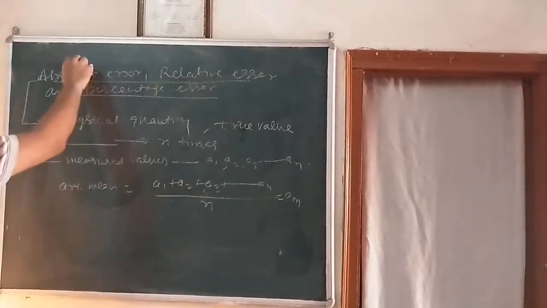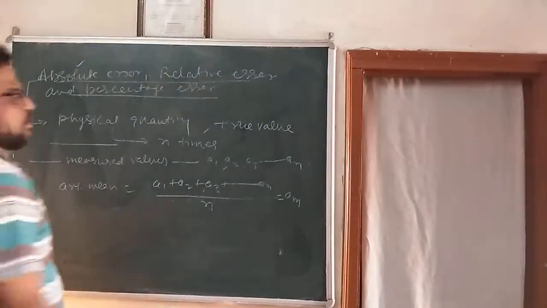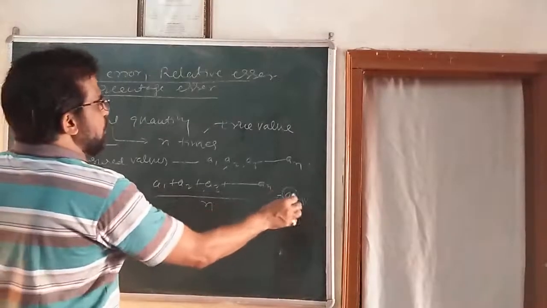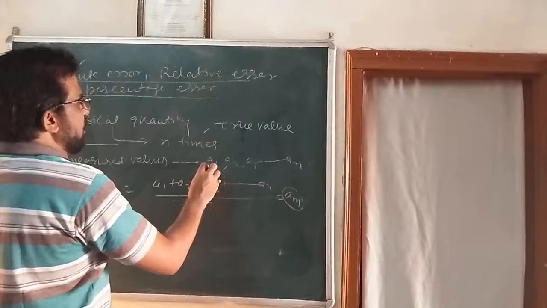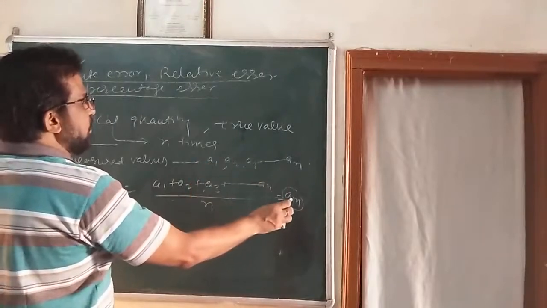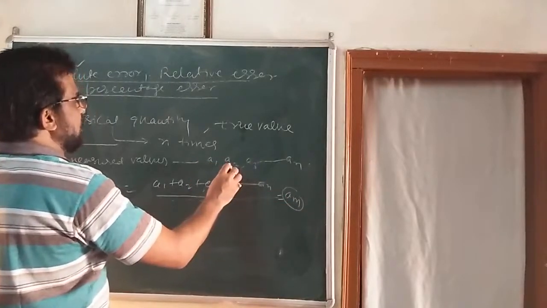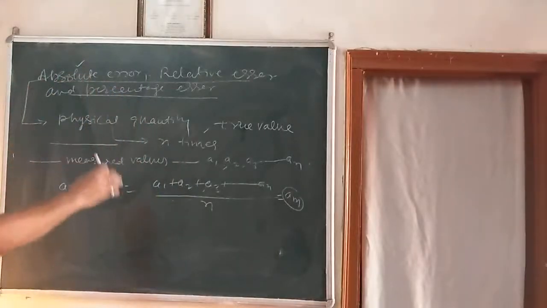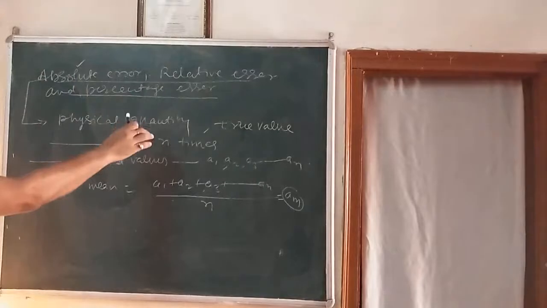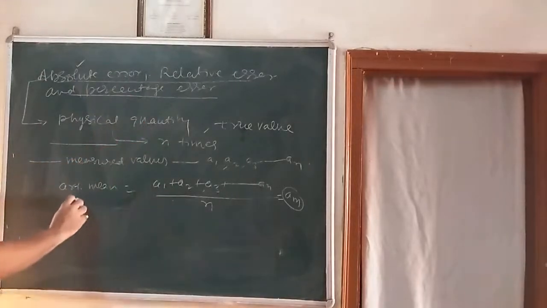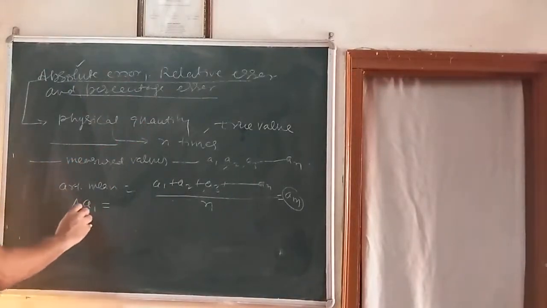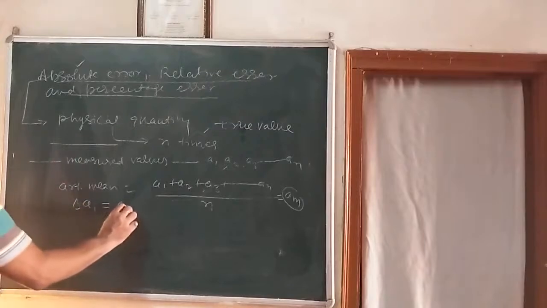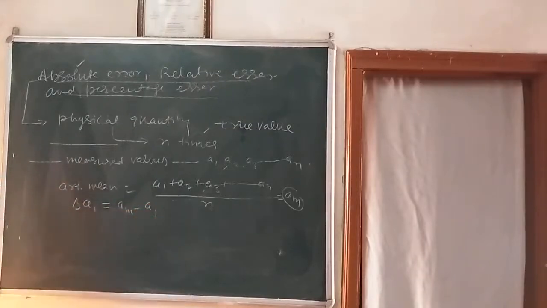So by the definition of absolute error, from this quantity Am, I will subtract A1, then subtract A2, and so I will get the absolute errors. By the definition, the absolute error in the individual measured values would be delta of A1 equal to Am minus A1.